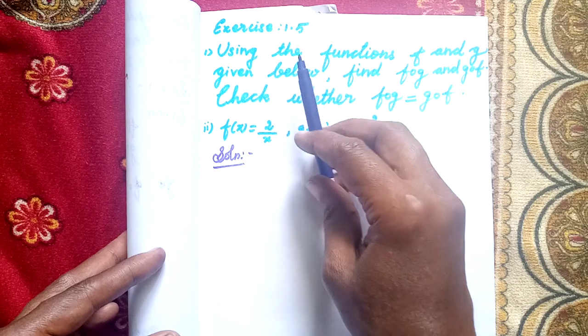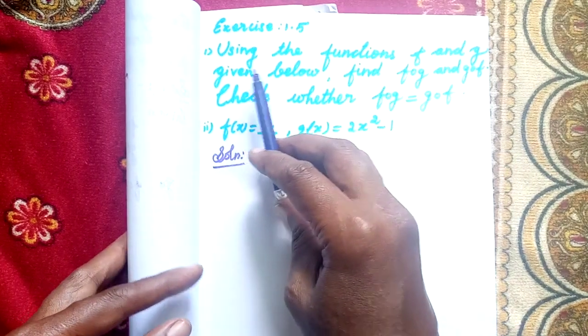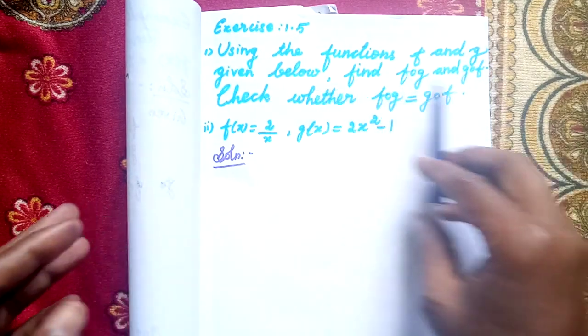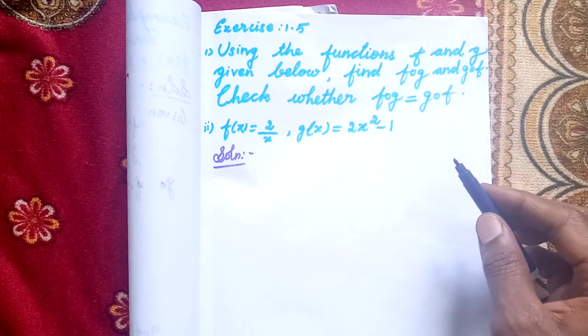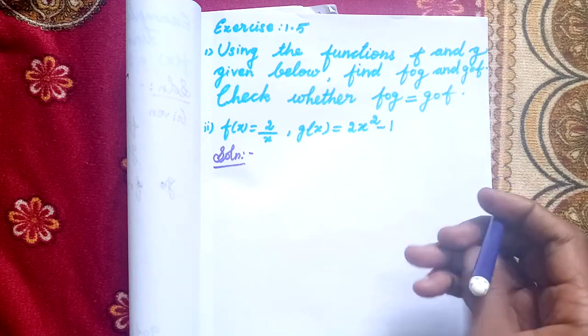Now I am going to explain exercise 1.5 first problem. Using the functions f and g given below, find f composite g and g composite f. Check whether f composite g is equal to g composite f. Okay, for the first problem you have to do as homework.